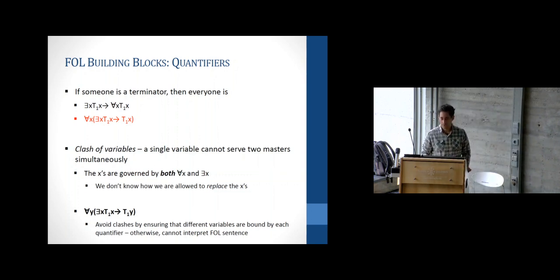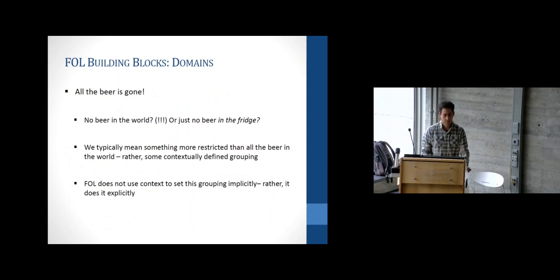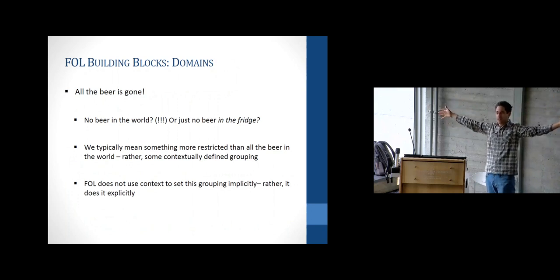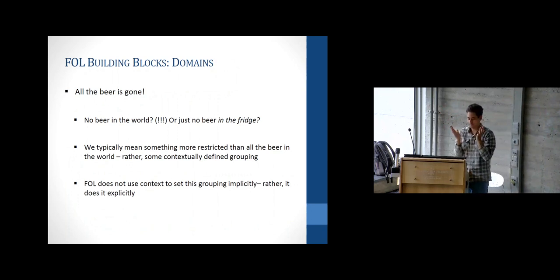We need domains to understand what's going on. If I say all the beer is gone, I can mean all the beer in the universe, in the Milky Way galaxy, in Tilburg, in my apartment, in my fridge, right? When we say a universal statement, we need to know what all these things are that we're talking about.